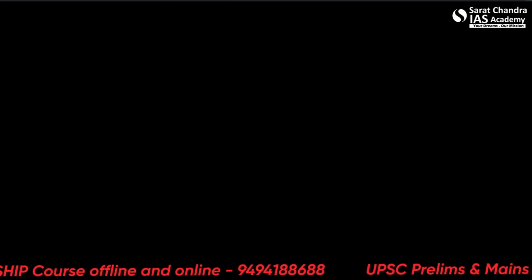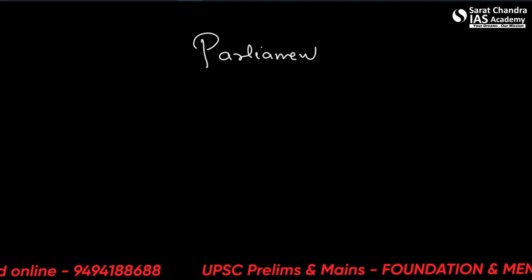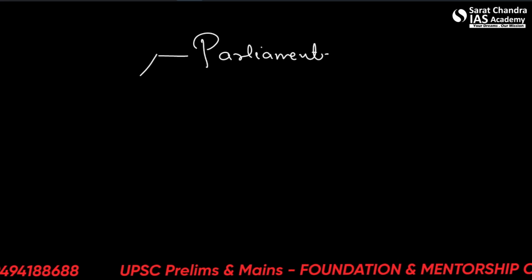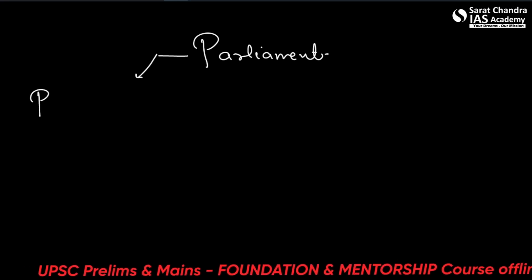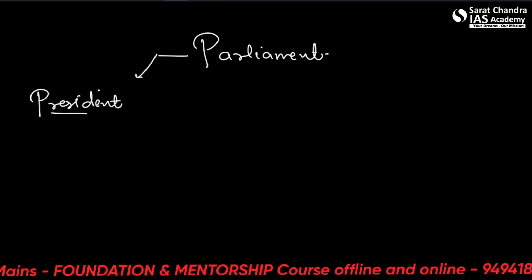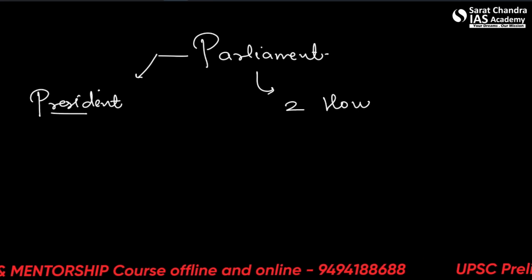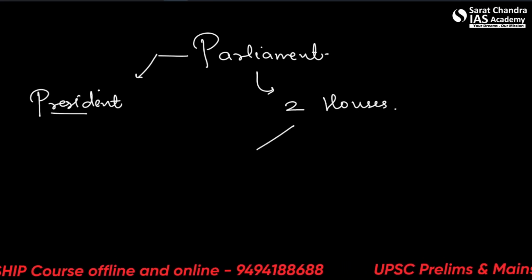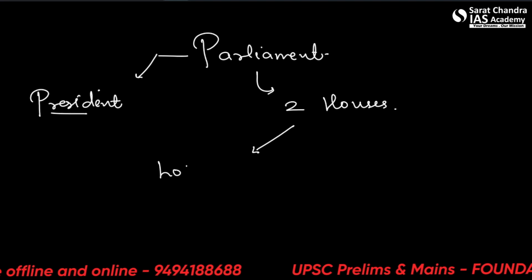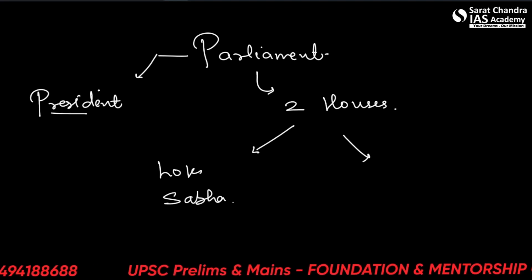The parliament has three parts. It consists of the president, the President of India, Smt. Draupadi Murmu, and the two houses: the Lok Sabha, the House of the People, and the Rajya Sabha.